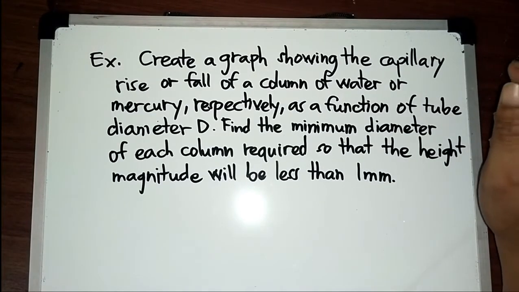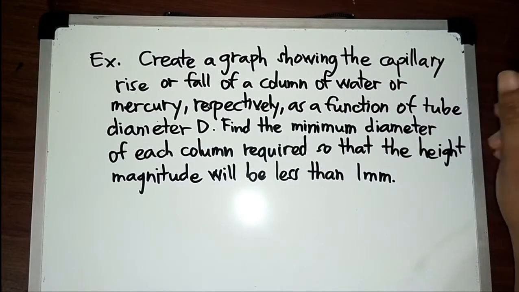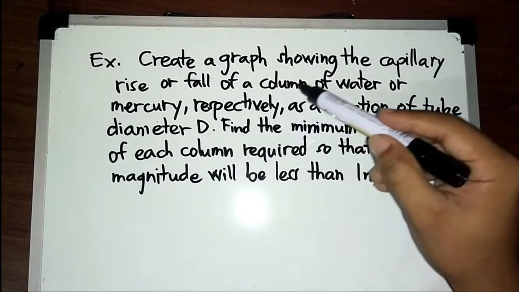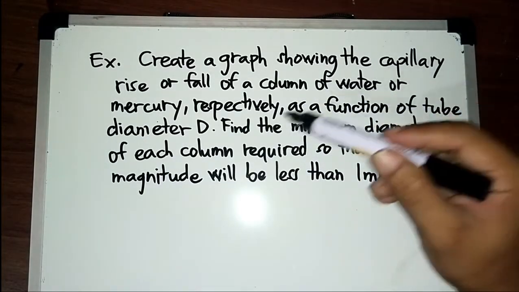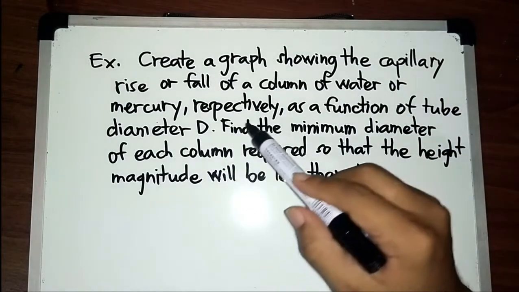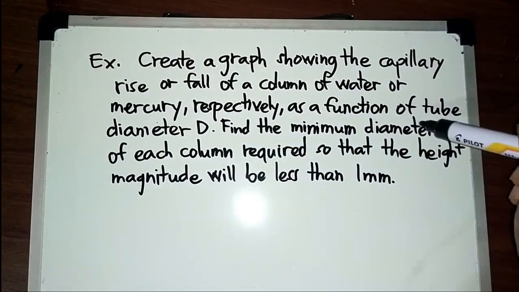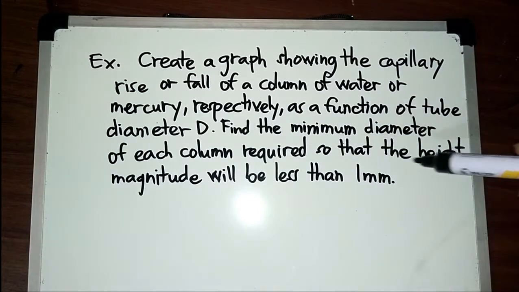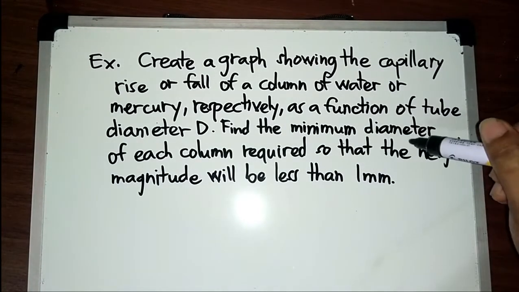The problem: create a graph showing the capillary rise or fall of a column of water or mercury, respectively, as a function of tube diameter d. Find the minimum diameter of the column required so that the height of the magnitude will be less than a given value in mm.